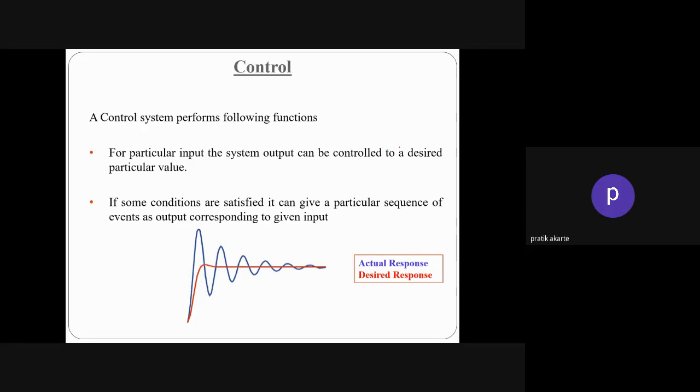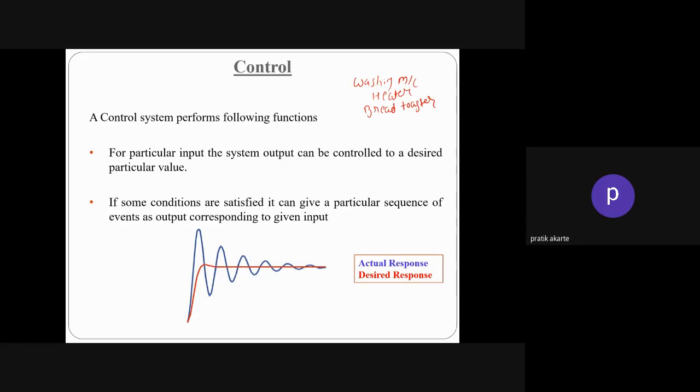Some commonly used control systems in our day-to-day life are the washing machine, it's a control system. The heater that we use, it's a control system. Bread toaster, it's a control system. So that is what we call a control system.